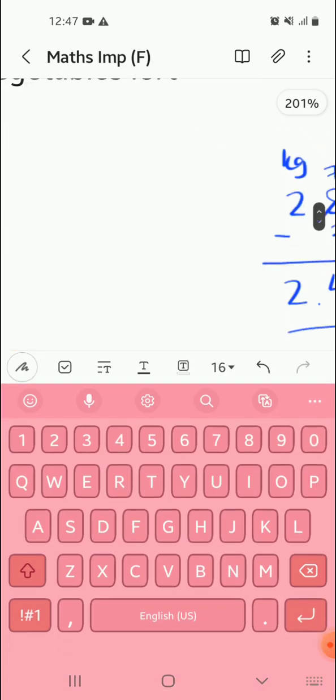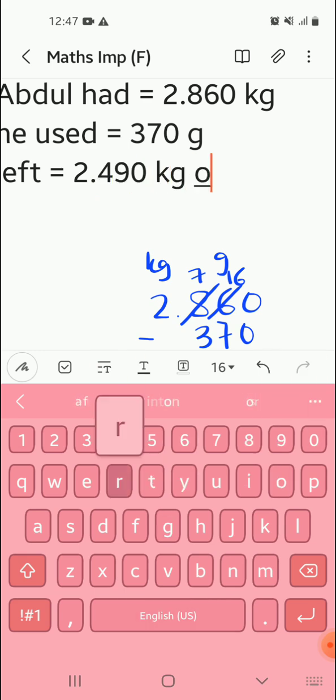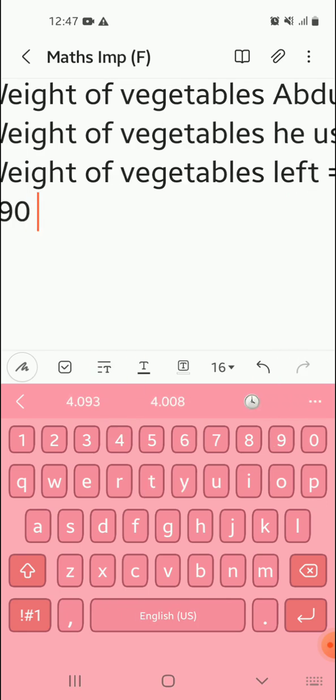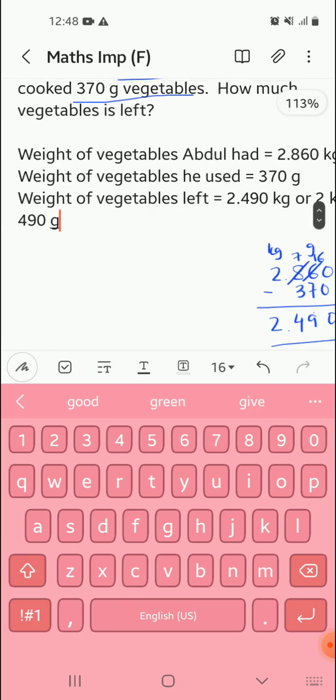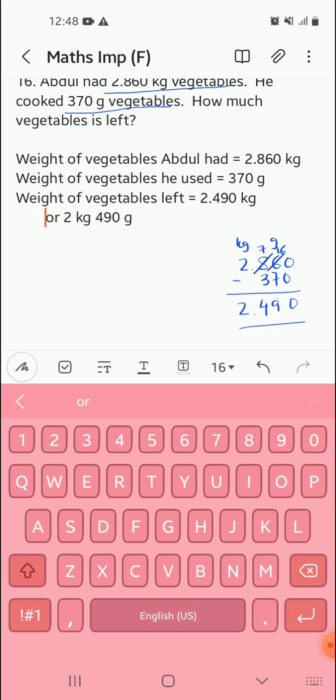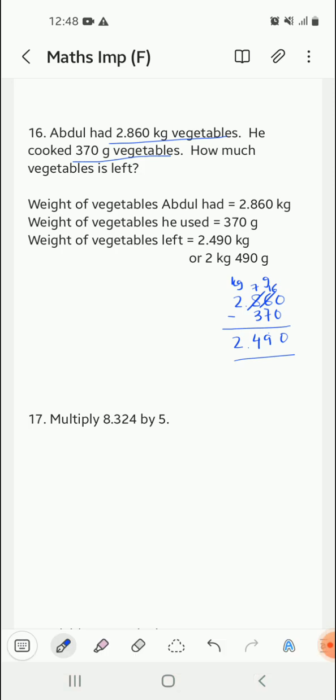So we can write the answer here. 2.490 kg, or you can write it as 2 kg 490 gram, means the same thing. I suggest you to write in both the ways. Okay, once done with it, we'll move to the next question.